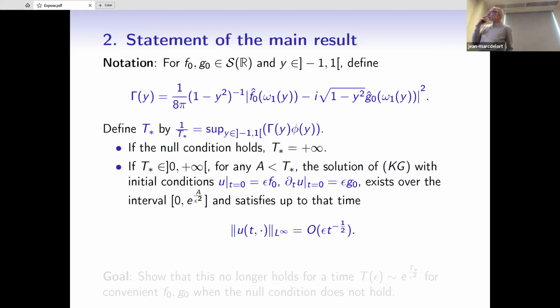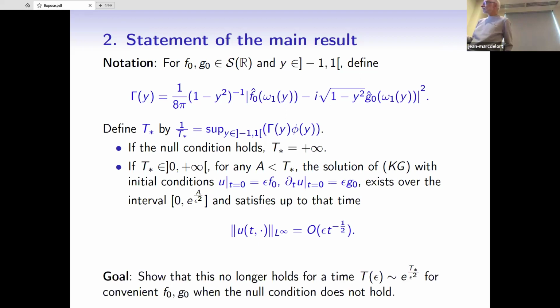And so the question is, what happens if a goes to T star? In other words, does the solution blow up, or does it have some bad behavior? So in the future, I shall call e to the T star of epsilon square the blowing up time, even if this is a purely hypothetical name.